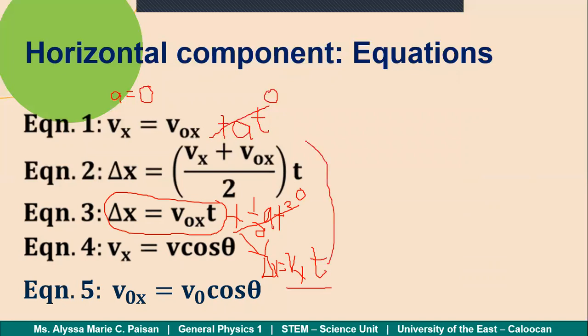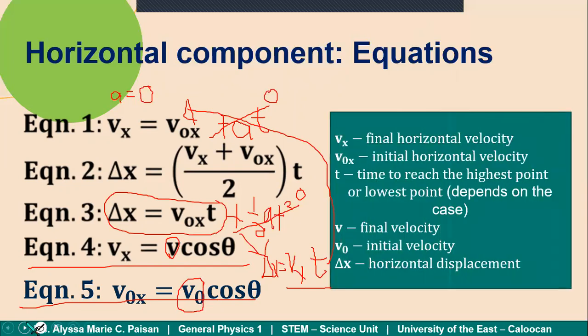Kasi remember, going back here, the V naught x is actually equal to Vx. Okay? And then, here for equation 4, especially in case number 2 of projectile, these two are useful because you will get the x and y components ay the x component of the final velocity, itong v nito, and the initial velocity. Later, we will define this. Ito, tingnan natin. Let's define each one.